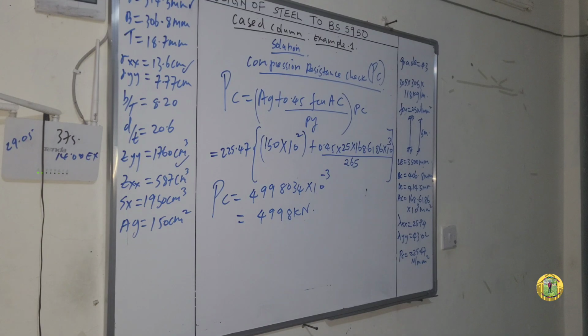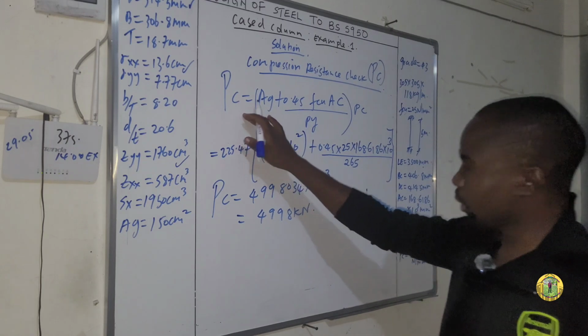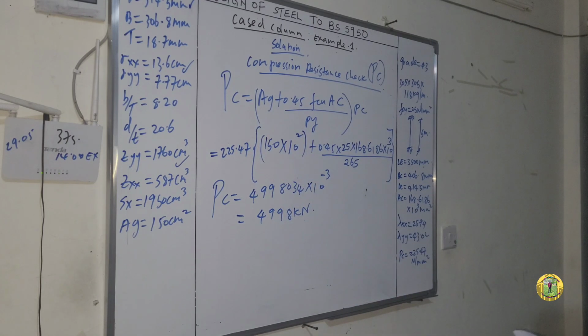After that, we proceed to what we call short struts capacity, because we said that the PC should be less than the short struts capacity. So let's check.